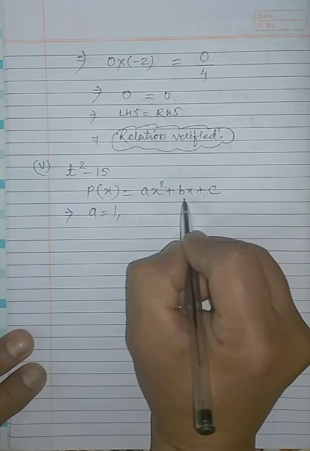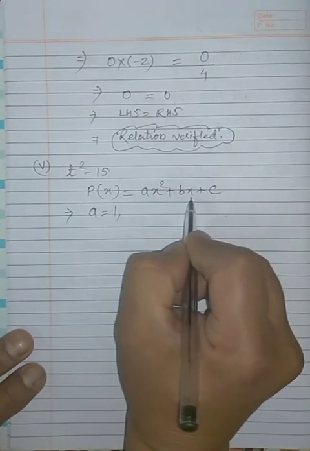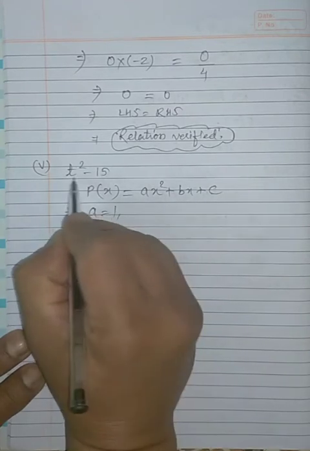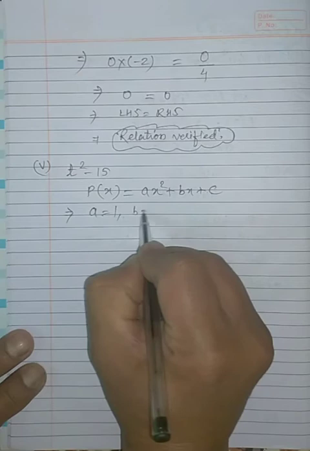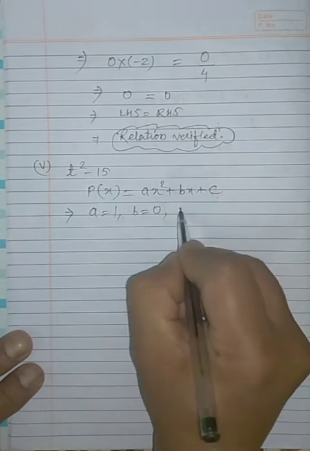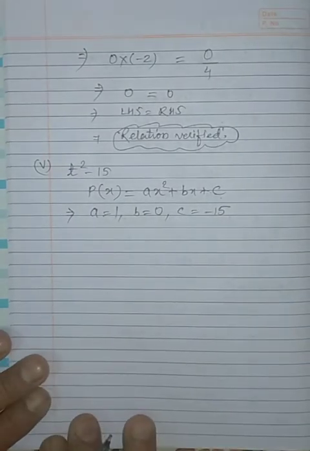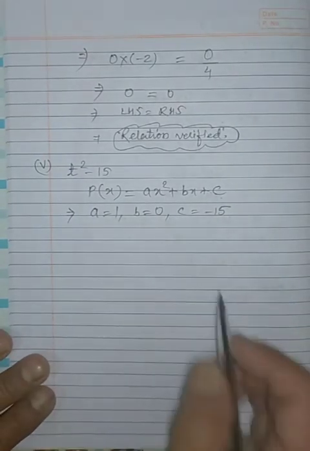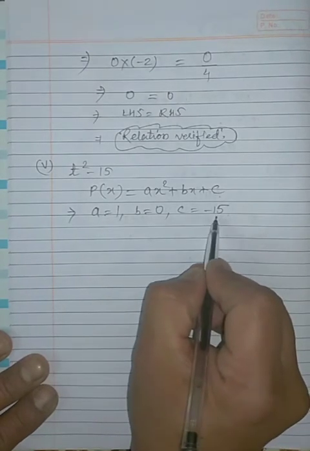The linear term in t is missing, so b will be equal to 0, and the constant term c is equal to minus 15. So a equal to 1, b equal to 0, and c is equal to minus 15.